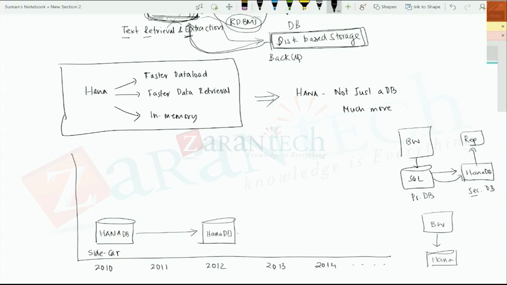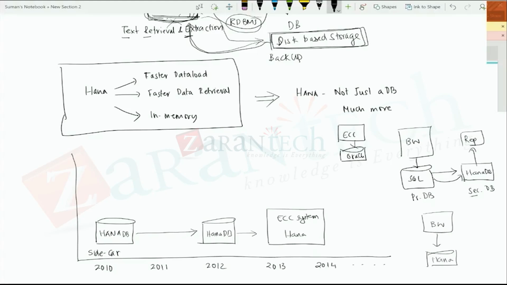When that became popular, organizations started reaping the benefits of HANA being their underlying database. They started bringing their ECC systems, their traditional systems, onto HANA database. So let's say, for example, a company was running its SAP ECC on Oracle database or any traditional database.